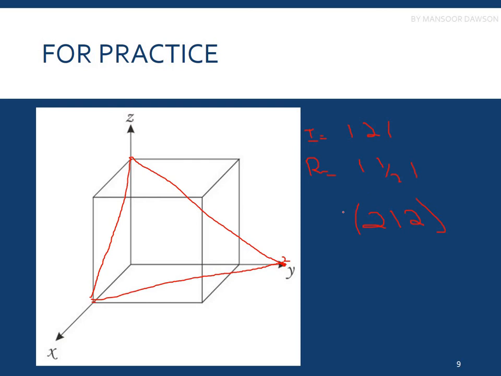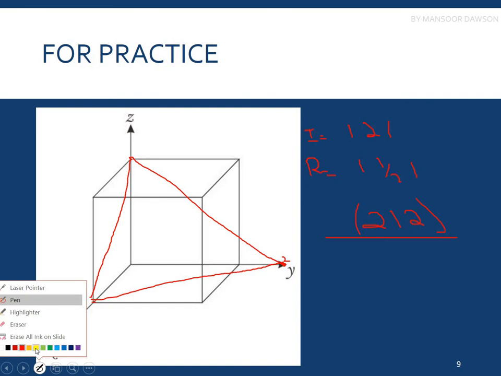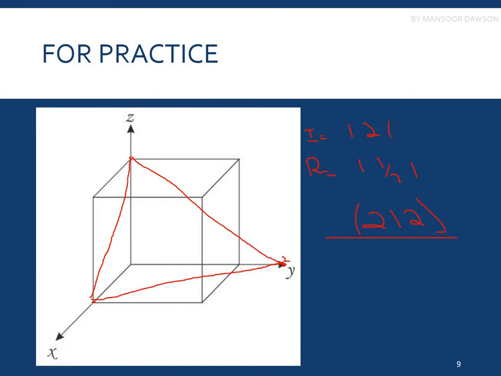But if we are given, for example, this Miller index and we have to plot it on the unit cell, what we'll do, I'll just change the color first so that you can easily distinguish that. If you are given 2, 1, 2 as the Miller index, and you have to plot it, first of all, you will take the reciprocal of this.